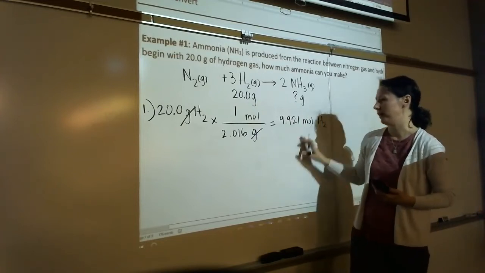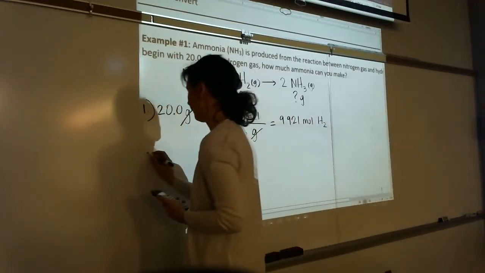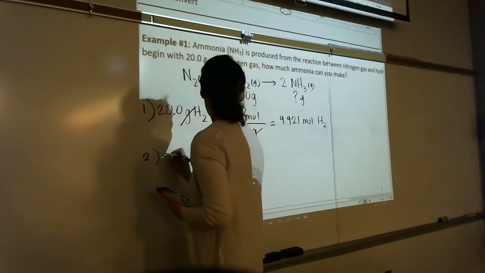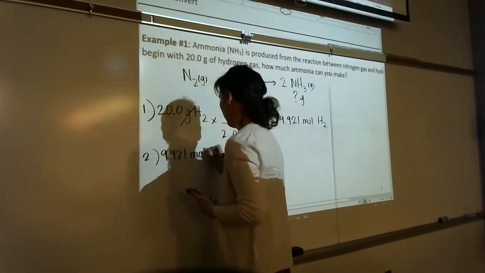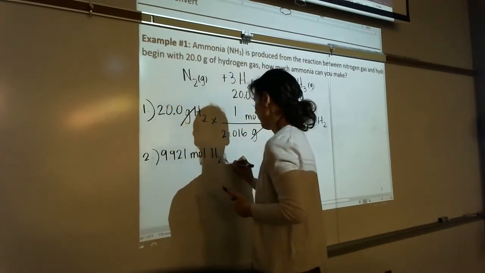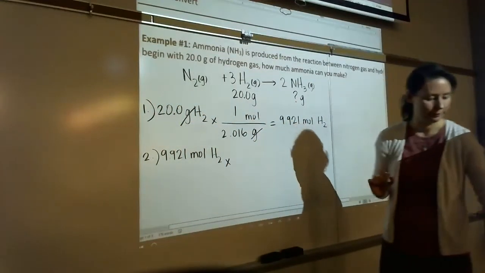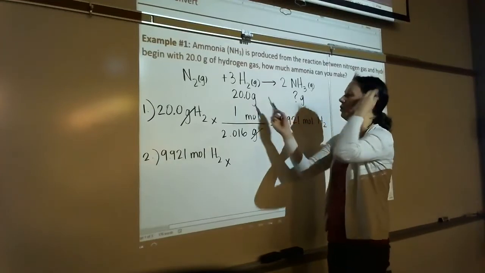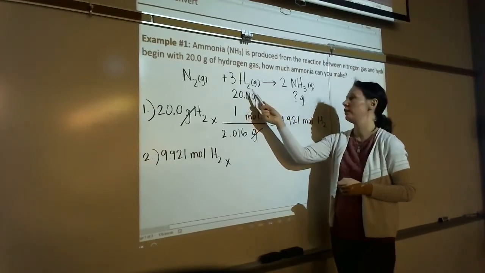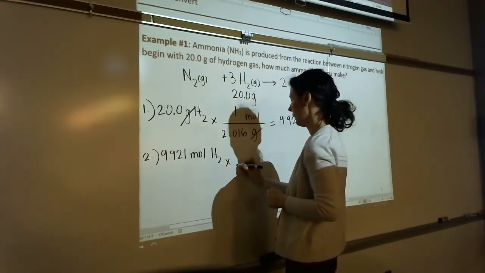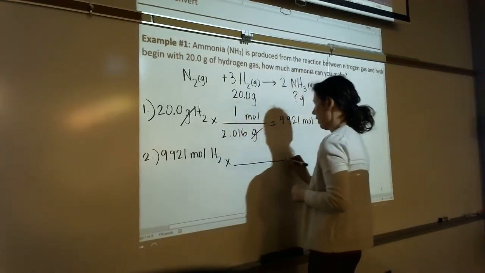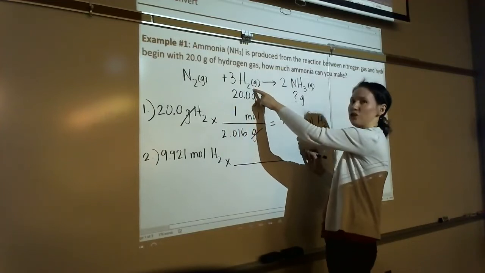Now we're going to take this number, we're going to rewrite it. So step 2, 9.921 moles H2. So this is the mole ratio step. This step converts you from this unit to this unit. And this is where the mole ratio comes from. So I say to myself, okay, I want H2 to go away.